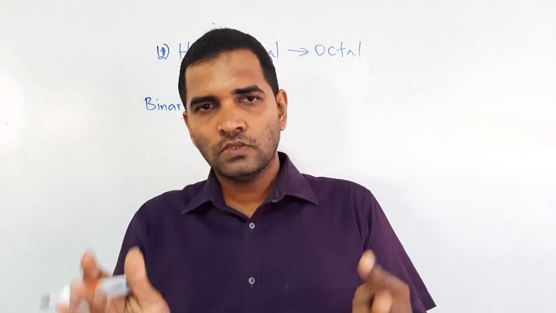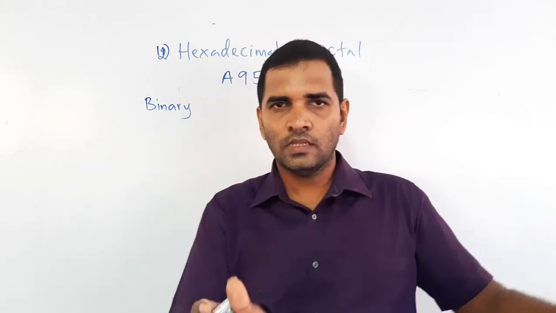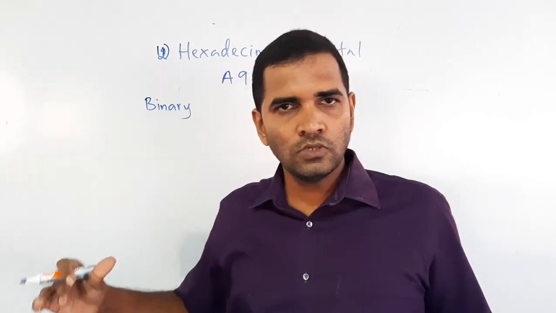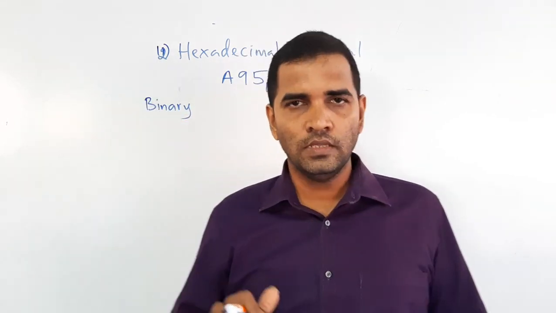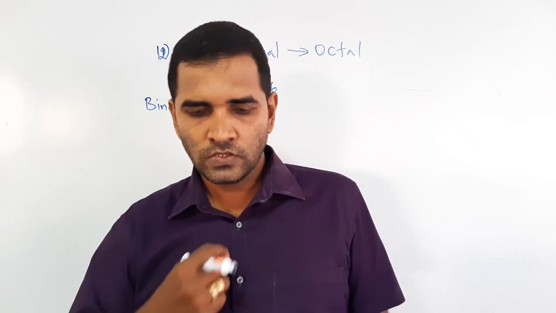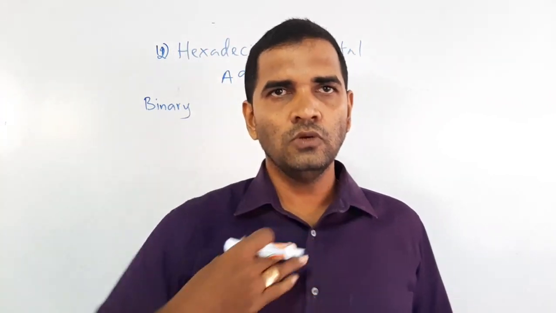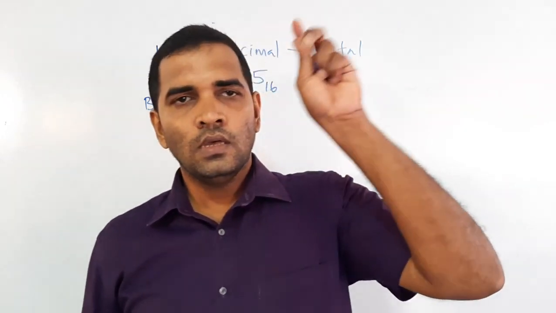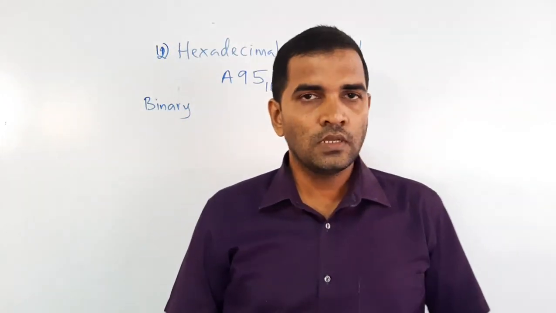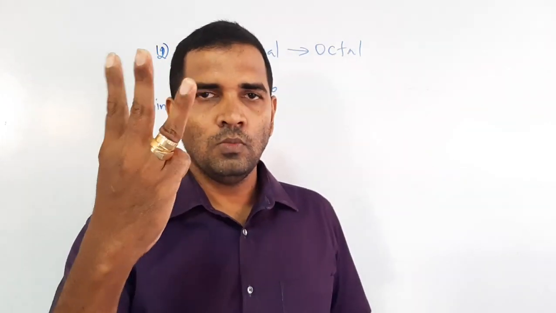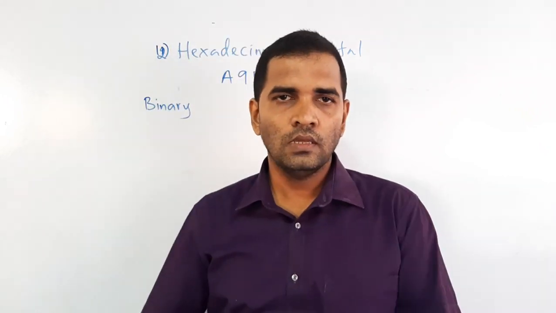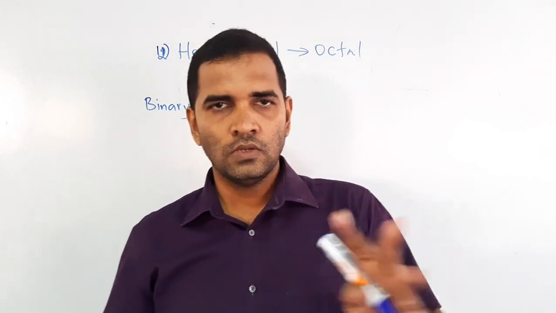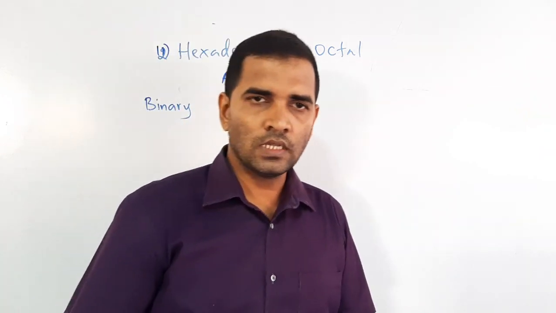Keep all those ideas, the relationships, in your mind. Now you are about to convert a hexadecimal number into binary. What is the relationship between hexadecimal and binary? One hexadecimal digit is represented by 4 binary digits. Or 4 binary digits are needed to represent one hexadecimal digit.